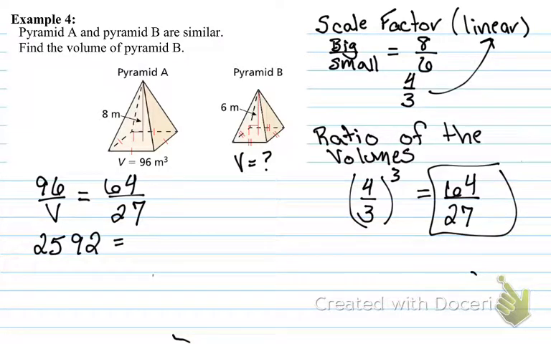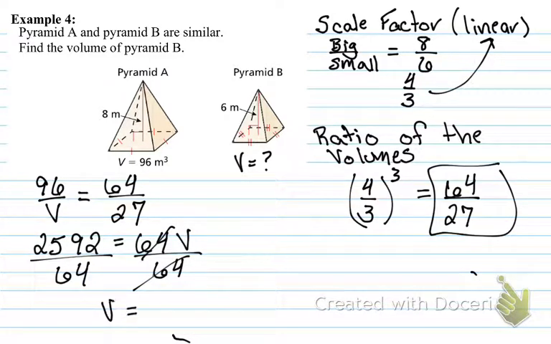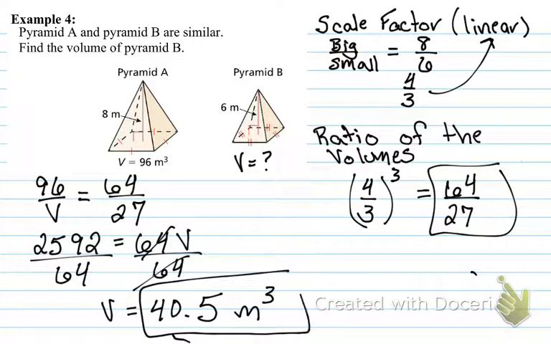And then I'm going to take the 64 times the V. Then I need to divide both sides by 64, and our volume is 40.5, and that would be cubic meters. So that is the volume of my smaller pyramid.